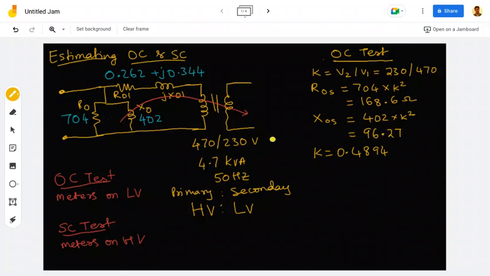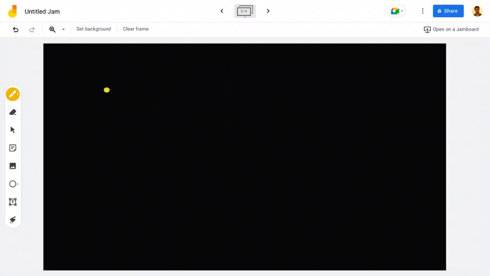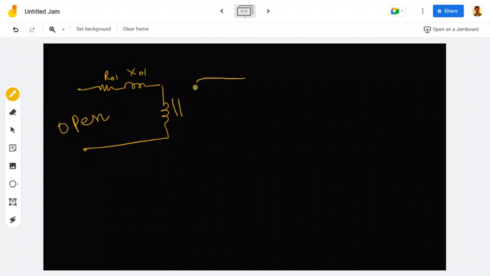So now let me make a circuit just for understanding. On the primary side, I have these values R naught 1 and X naught 1, and this is my HV, so this is open. And on the secondary side, I have these two values.